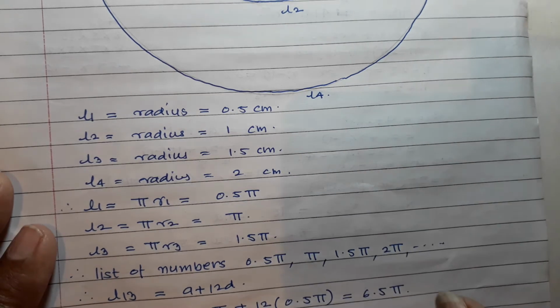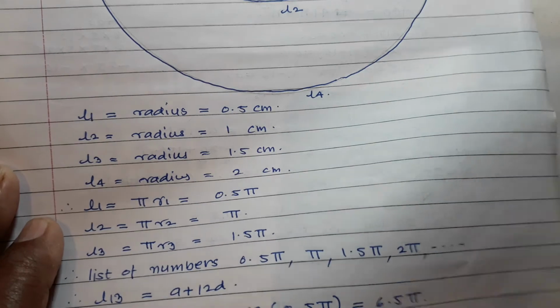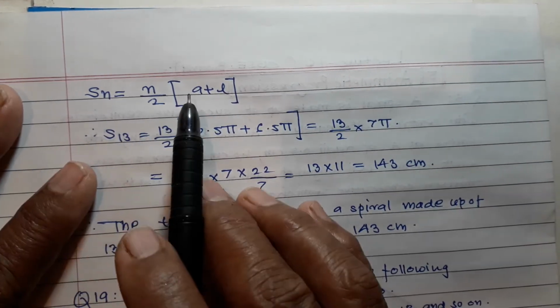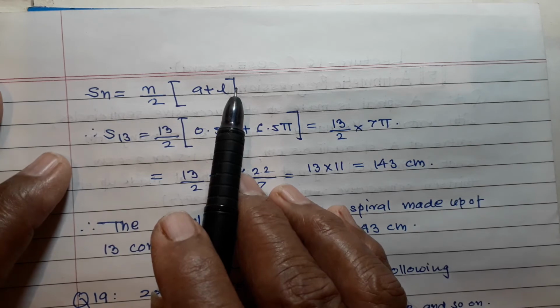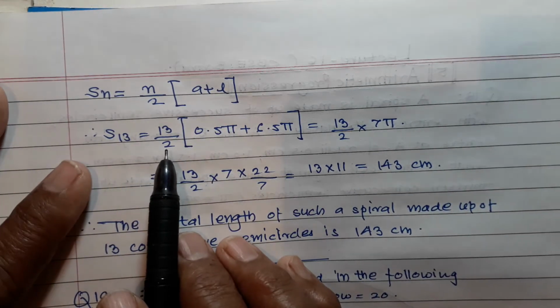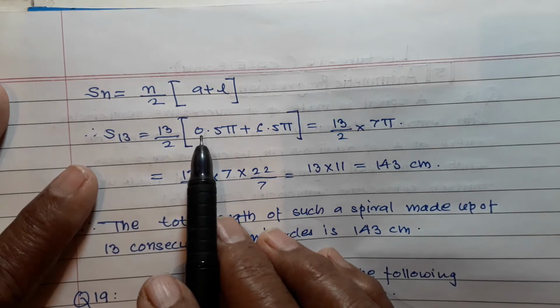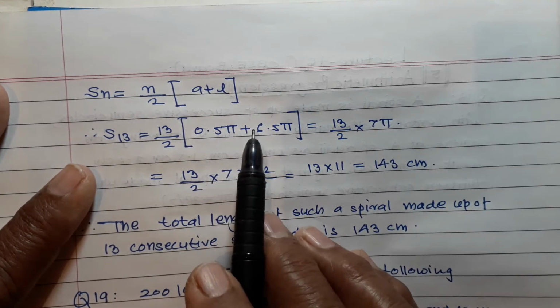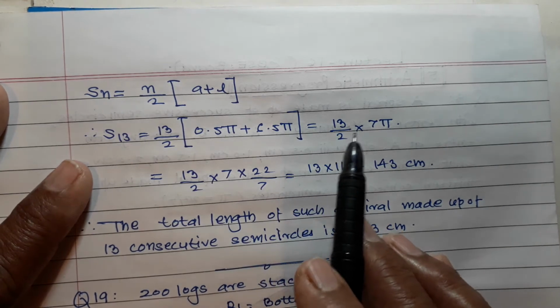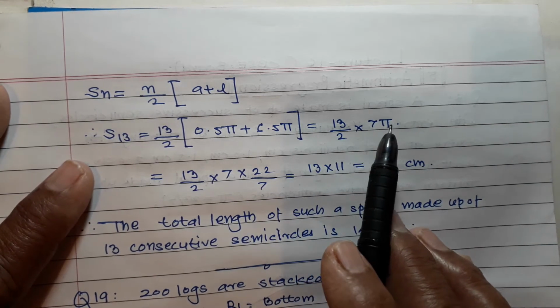Now I find the sum of all lengths. Sn is equal to n upon 2 into bracket a plus l, and therefore S13 is equal to 13 upon 2 into bracket 0.5 pi plus 6.5 pi, which is 13 upon 2 into 7 pi.